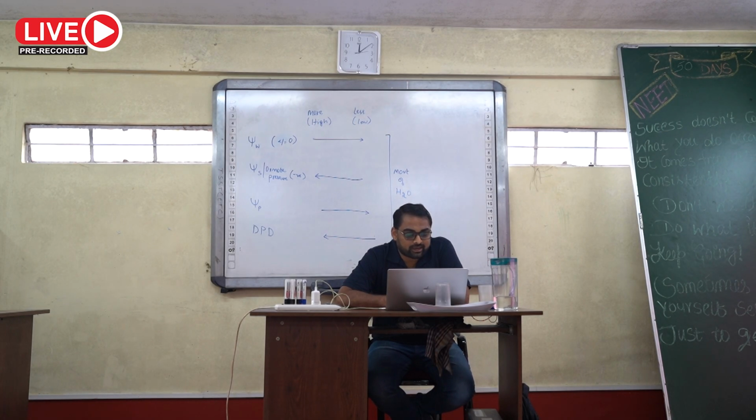Match the following: mood disorder, schizophrenia, borderline personality disorder, anxiety disorder. Mood disorder, what does mood disorder mean? Okay, which one do you want to catch hold of? Of the four, which one do you want to fix as definitely right?